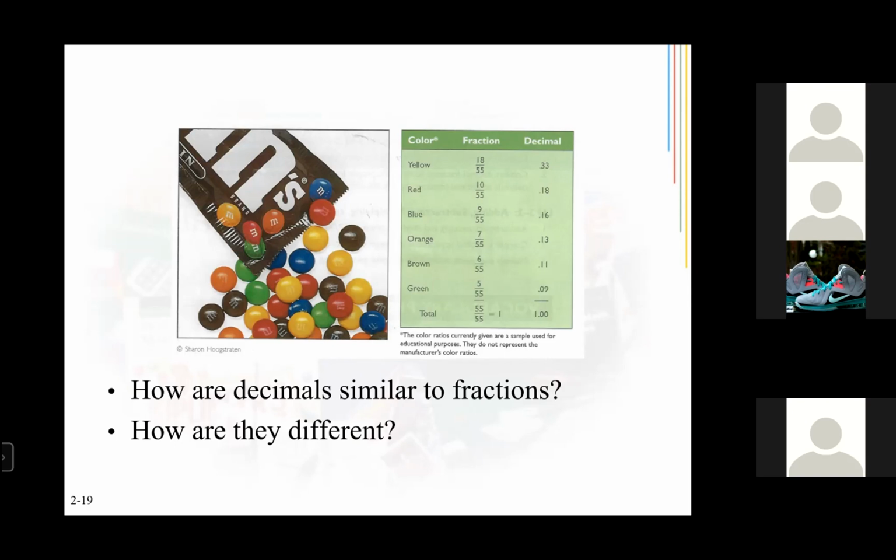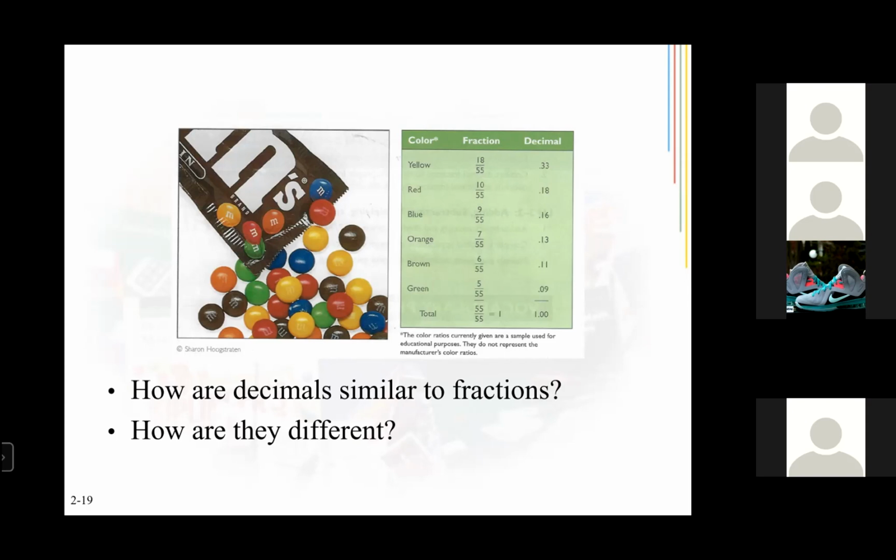And to the right of that, they represent it in decimal form. Okay, so 8 over 55 is the same as 0.33, 10 over 55 the same as 0.18. Now, how did they get those decimal equivalents to the fraction? I guess divide.